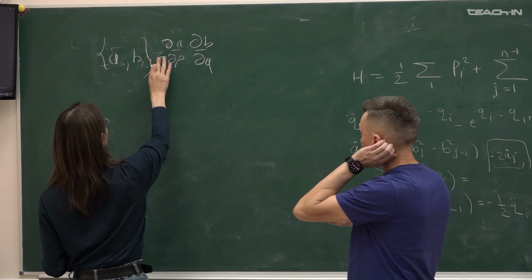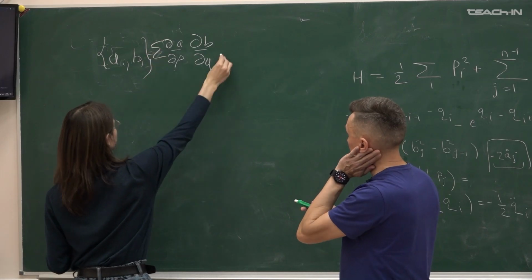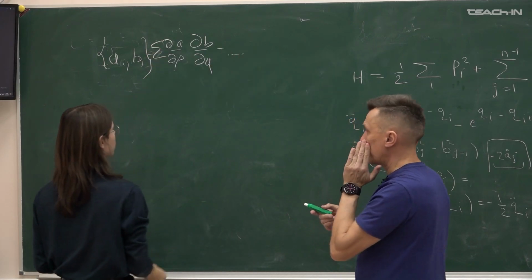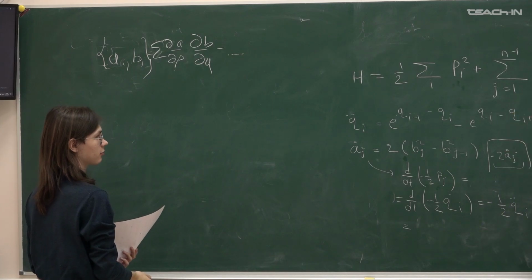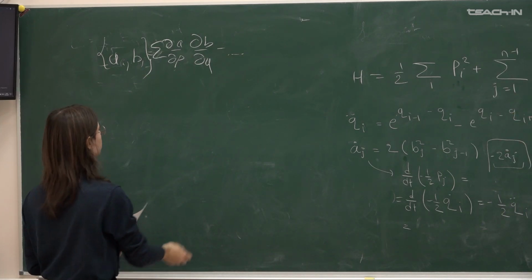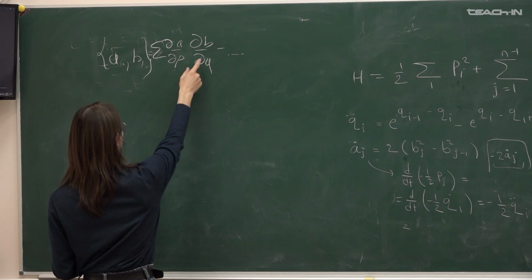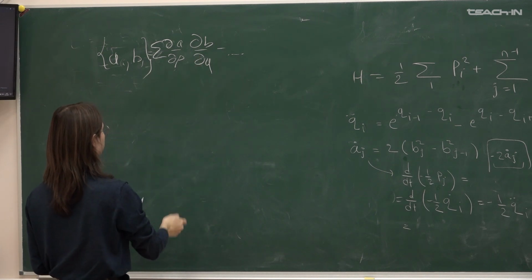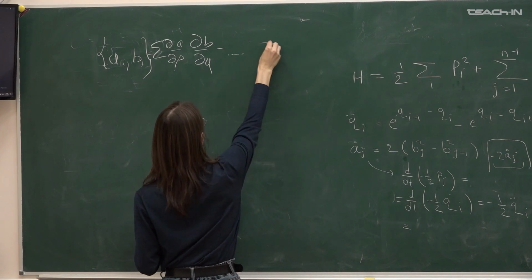What I mean is the second part is zero, because B does not depend on it. Yes, zero. You're right. Very good.